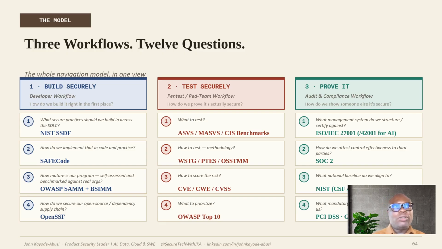The first question is, how do we build securely? It is the job of the security engineer to ask this question, but in implementing and ensuring that it happens, the owners of that particular question are the developers or the core engineers.